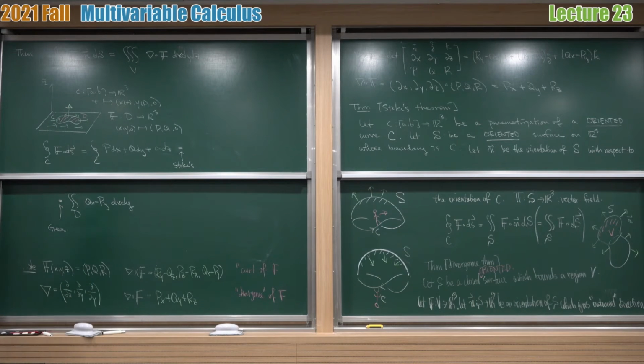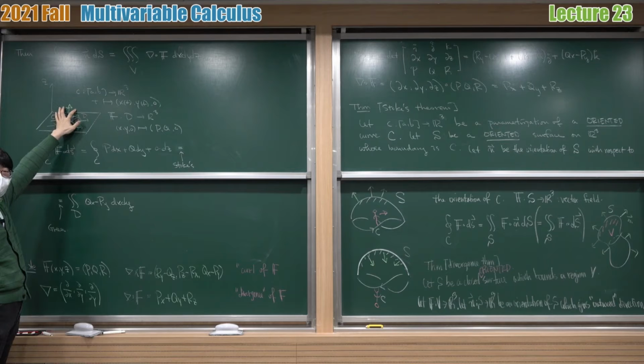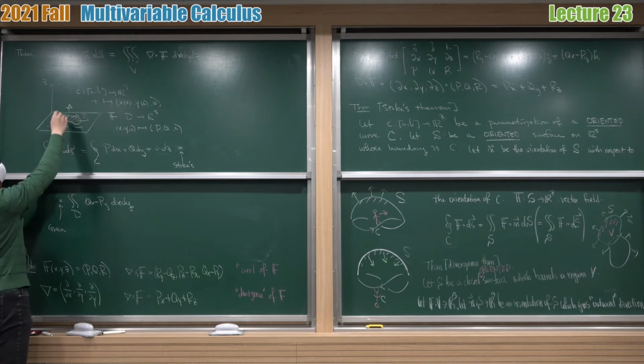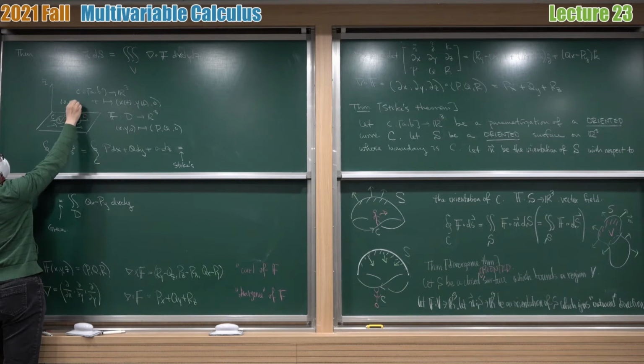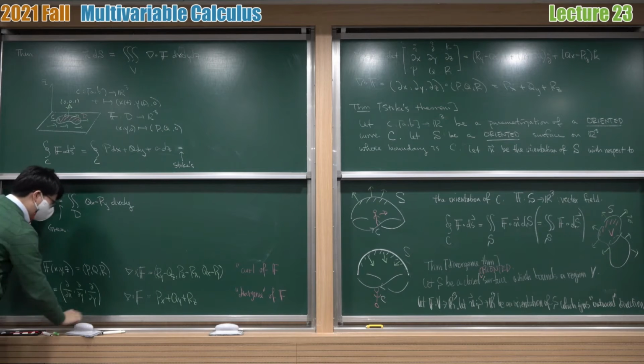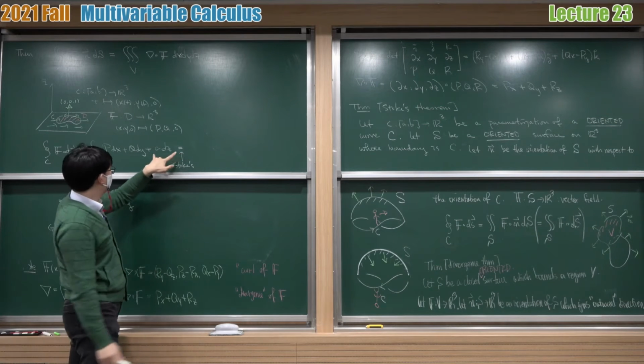And is the orientation a constant vector field? Generally, no. But in this case, does the orientation change? No. It's always equal to (0, 0, 1), right? So I'm going to apply that here.